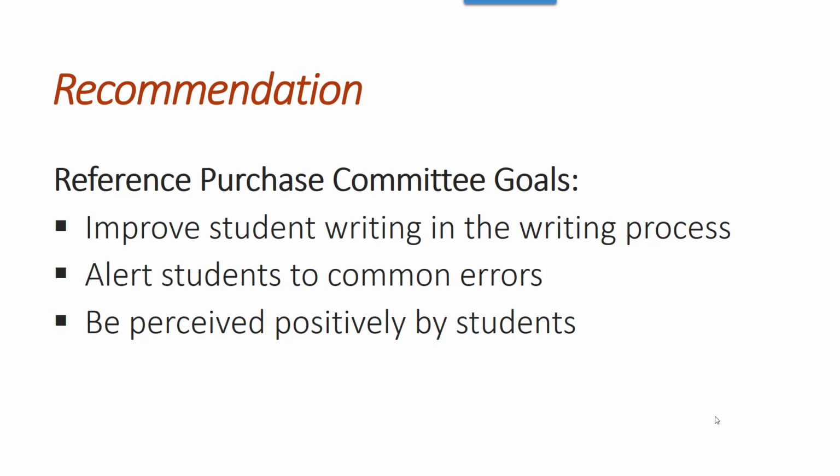They're wanting to alert students to common errors so that those students can improve and get better and know where their issues are. And they want something that will be perceived positively by students because students are paying for it. So these goals should be addressed to some extent in the recommendation itself. So why would you recommend or not recommend? Well, it met or did not meet certain goals.